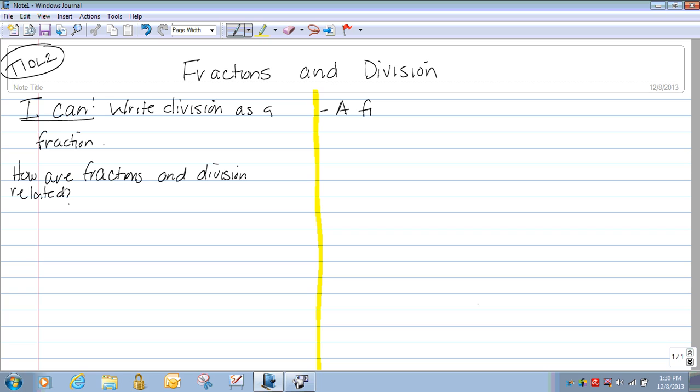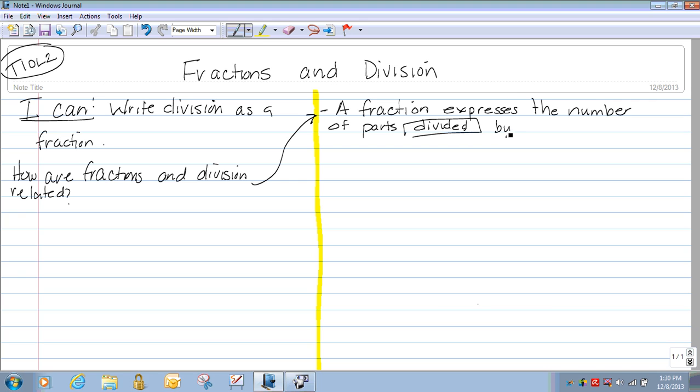Well, a fraction expresses the number of parts divided by the total number of parts. Push pause. Let's take a look at an example.